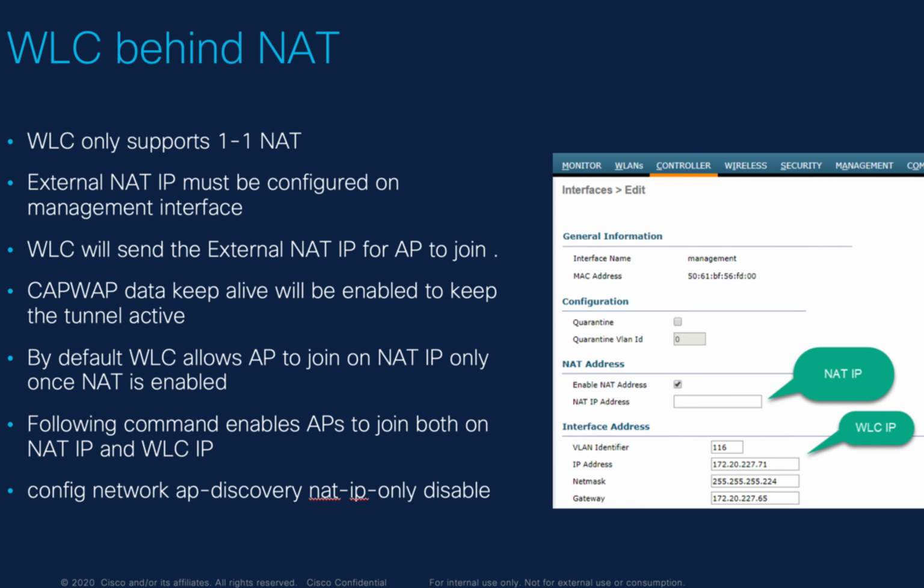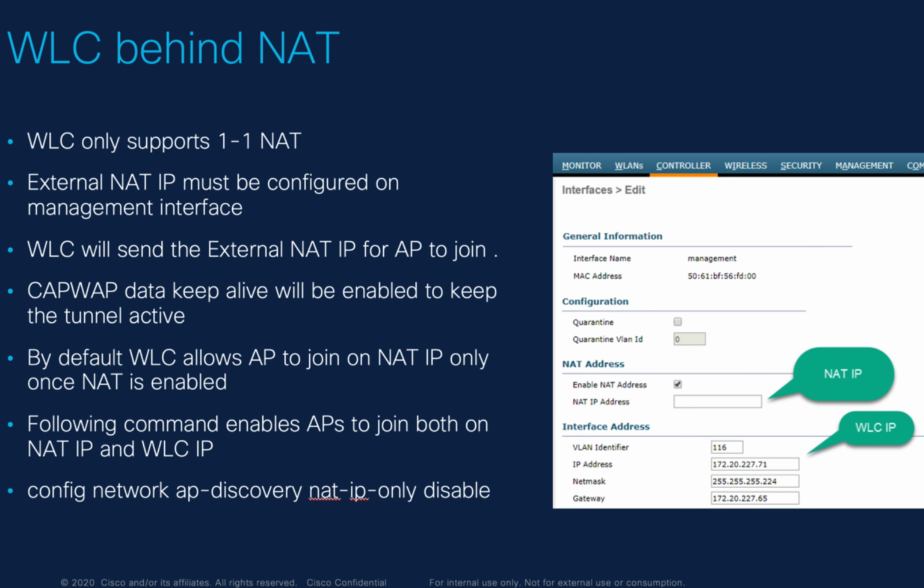Now to configure the NAT on our management IP address. This will be our public IP address, which we're going to configure on the management IP. We only support one-to-one NATing, and once the employee takes the APs home, they will connect and try to join the public IP address, which we're going to configure here.